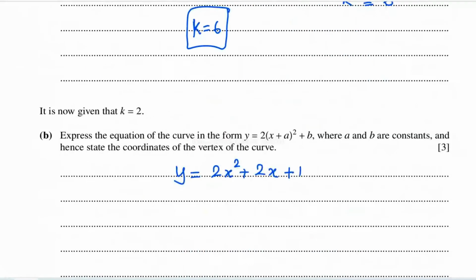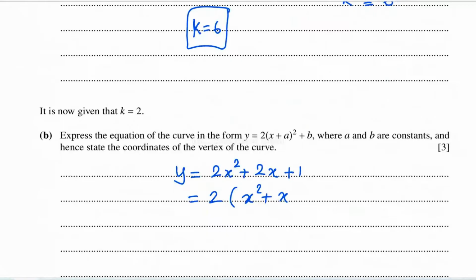So now we need to complete the square. We need to write this in the completing the square format. So take 2 common. So x square plus x. So the coefficient of x here is 1.